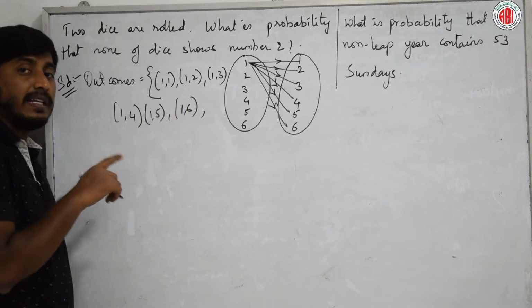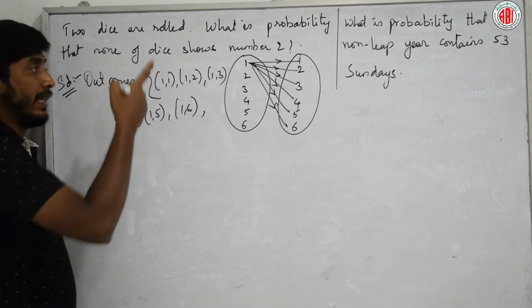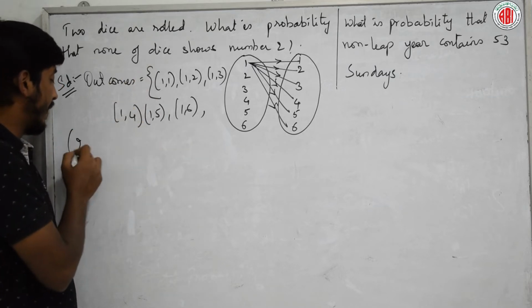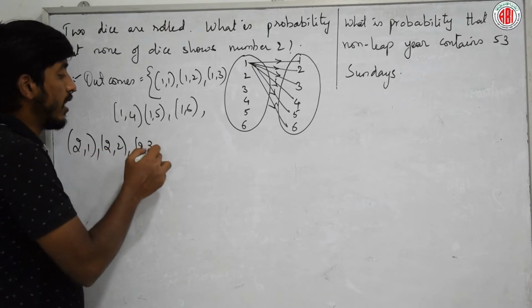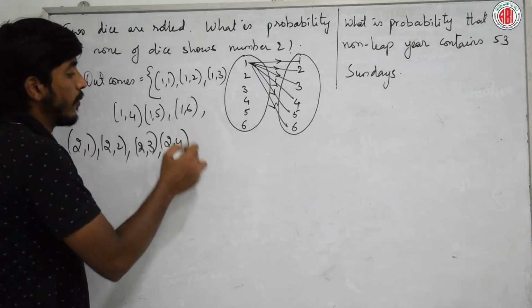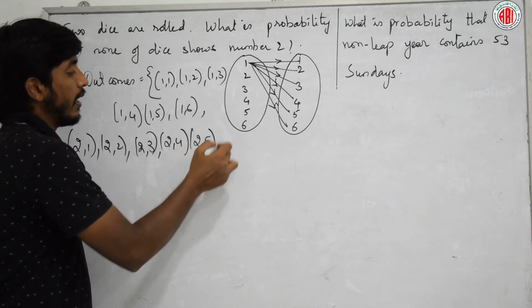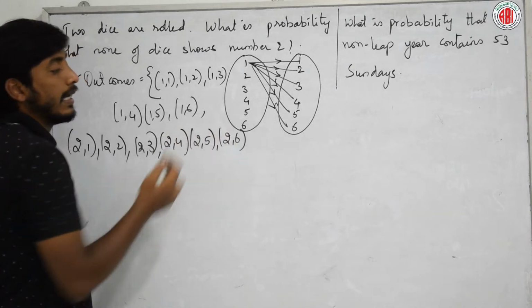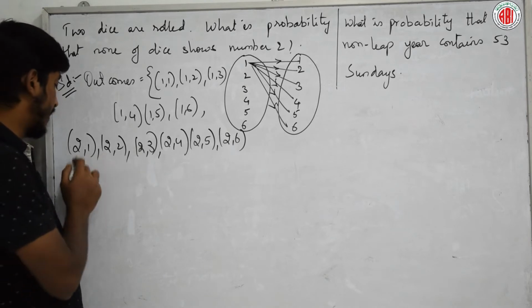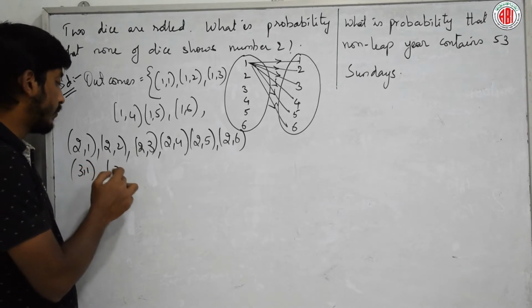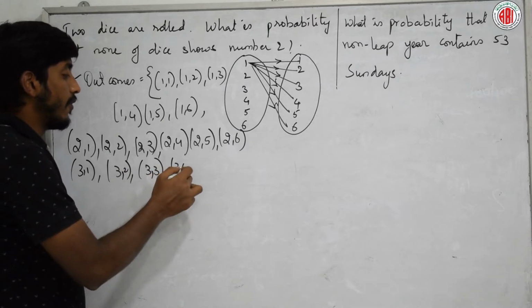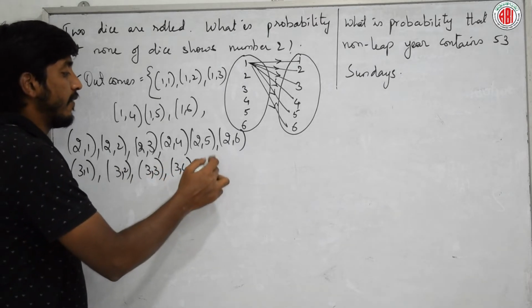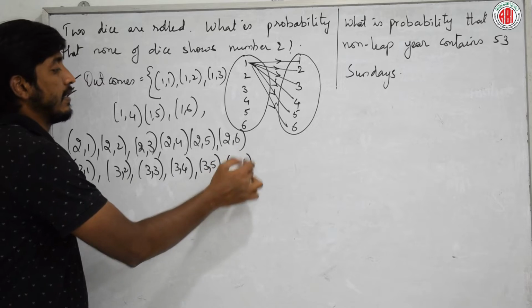What if the first dice gets 2? Then the other dice will have 2,1; 2,2; 2,3; 2,4; 2,5 and 2,6. Clear? Similarly for 3: 3,1; 3,2; 3,3; 3,4; 3,5 and 3,6.